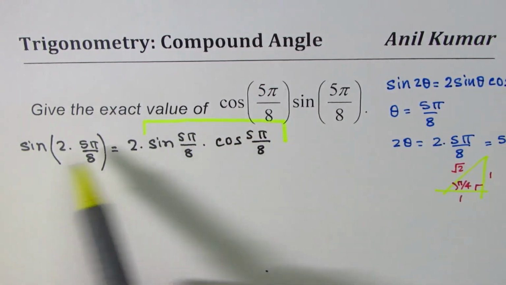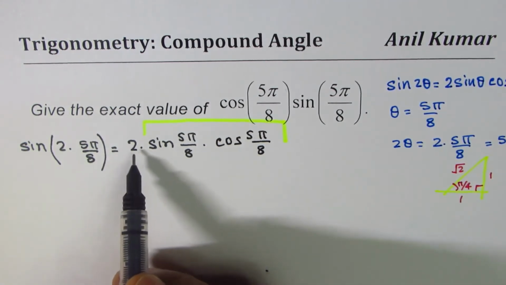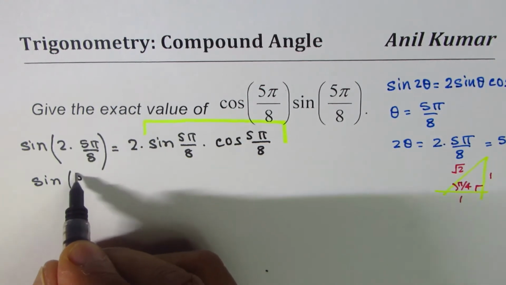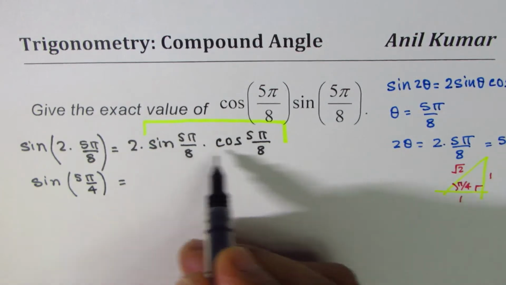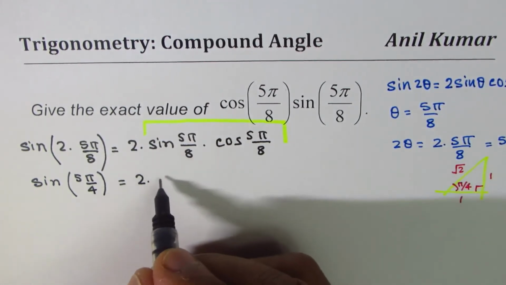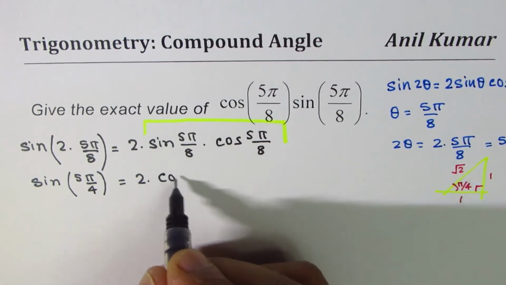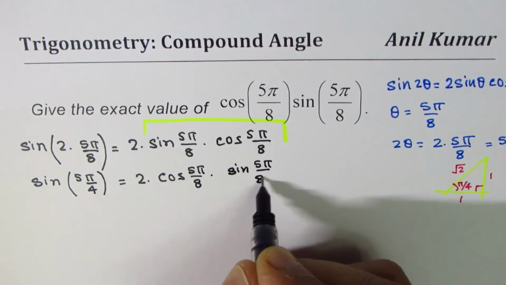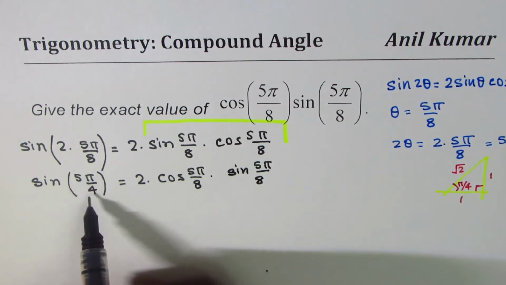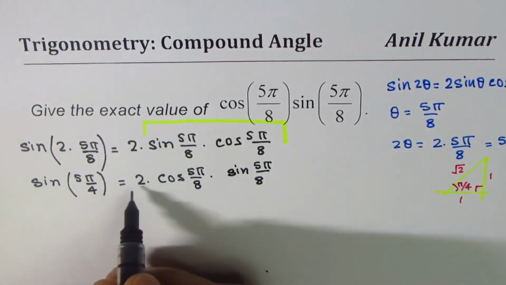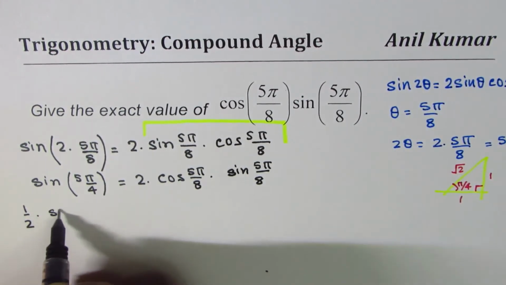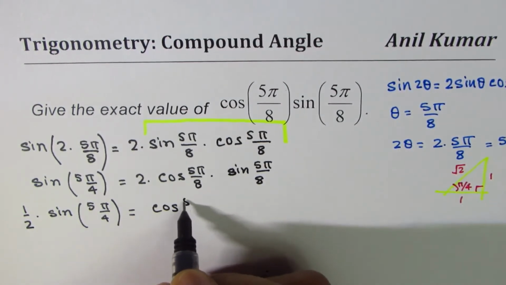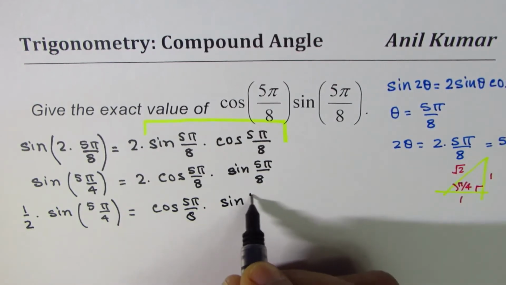So sine of 2 times 5 pi by 8 simplifies to sine 5 pi by 4, and I could rearrange the right side as 2 times cos 5 pi by 8 times sine 5 pi by 8, by the commutative law. Now we bring this 2 to the other side, so we say half of sine 5 pi by 4 is equal to cos 5 pi by 8 times sine 5 pi by 8.